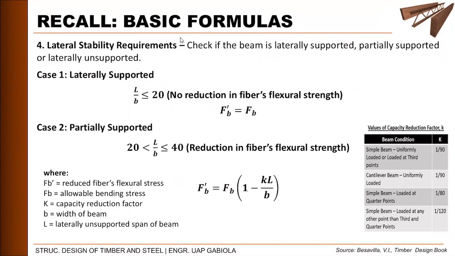For case number two, if our value of L over B is between 20 and 40, we need to reduce our flexural strength. Why? Because our beam should be partially supported. So we need to lessen the flexural strength because the full flexural capability of the beam cannot be utilized now because of our ratio.